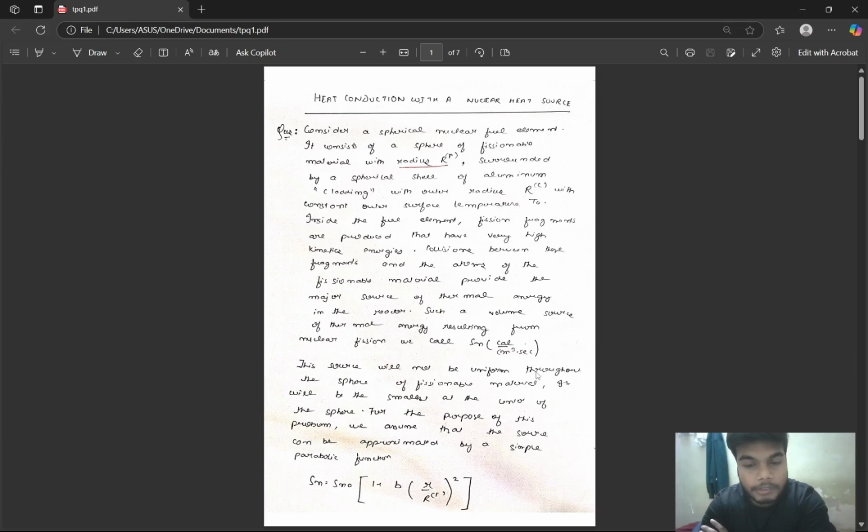The unit of Sn is calorie per centimeter cubed per second. This source will not be uniform throughout the sphere of fissionable material. It will be smallest at the center of the sphere.